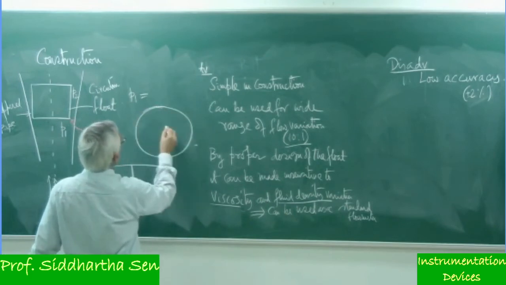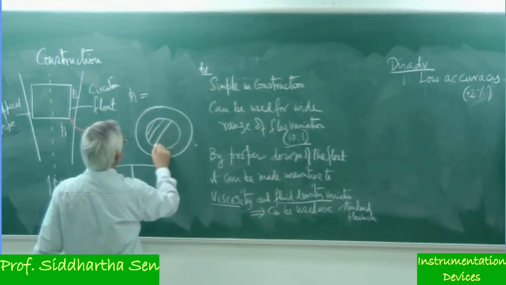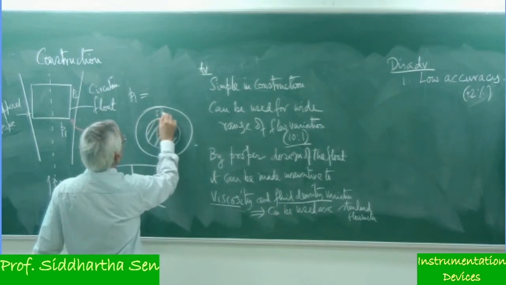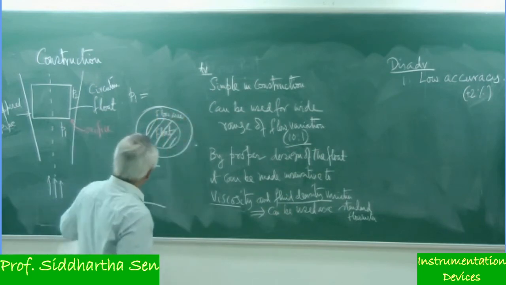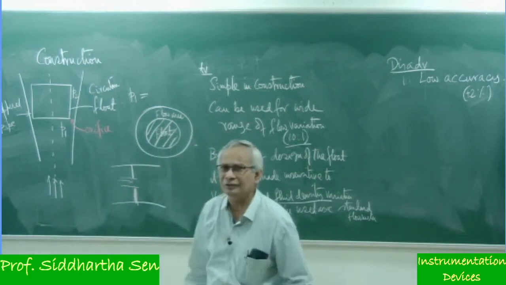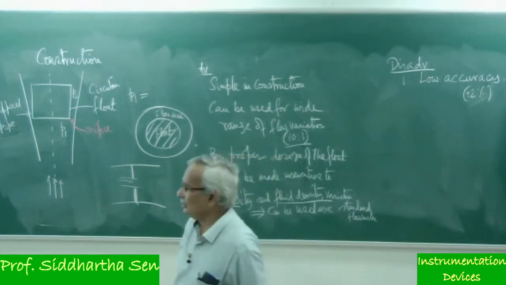If we put it as a cross-sectional view, this is your float, and this is your flow area. In this case the orifice is at the center, but I can say the orifice is at the circumference. Understood? Got it?